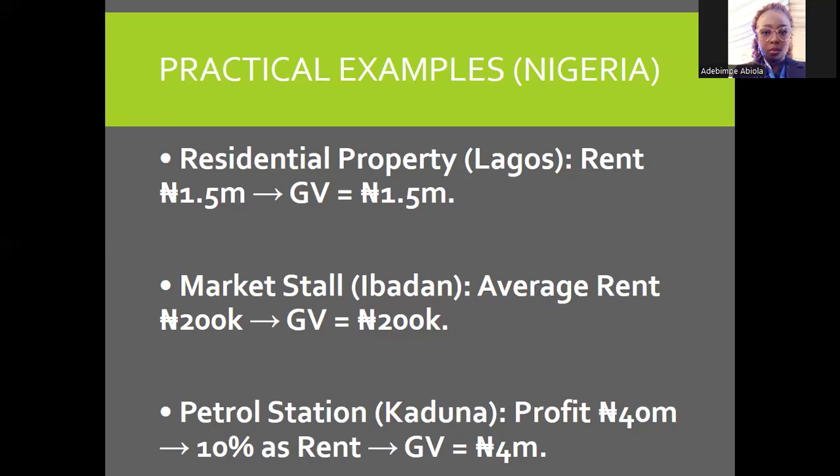Let's assume an estimate of 40 million naira per annum. A tenant will preferably pay 10% of the profit as rent, which is 4 million naira. So the gross value for this petrol station is 4 million naira per annum.